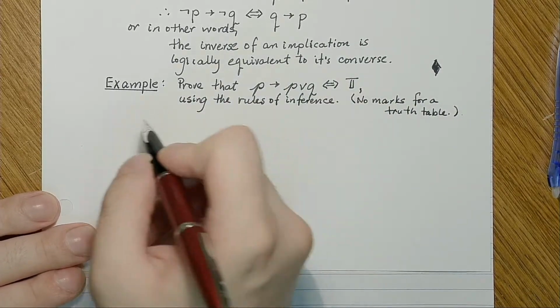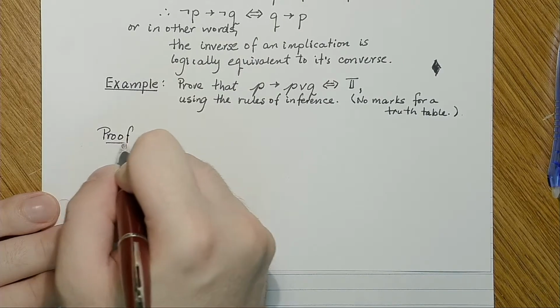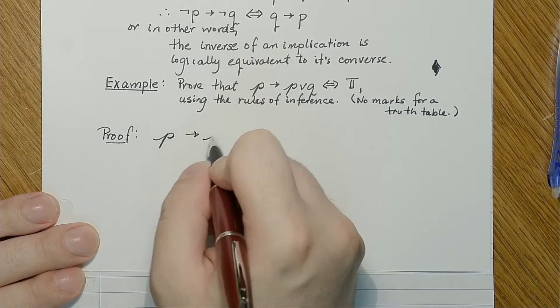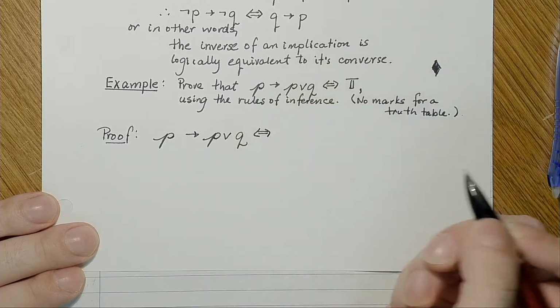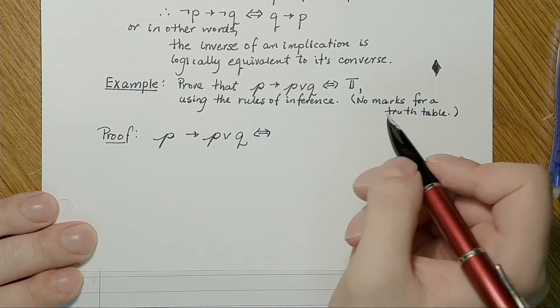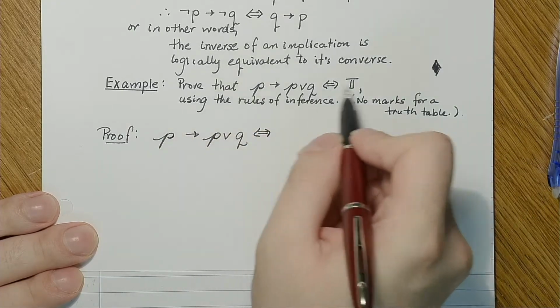So again, we can start out on the left-hand side. Let's say P implies P or Q. So the first thing that I can do is I need to show it's a tautology.